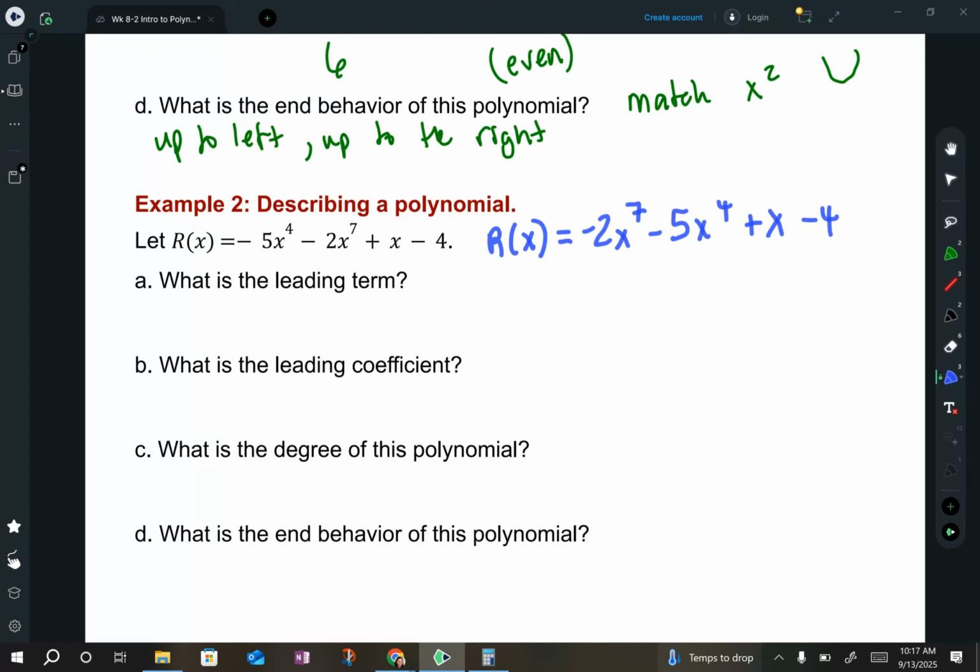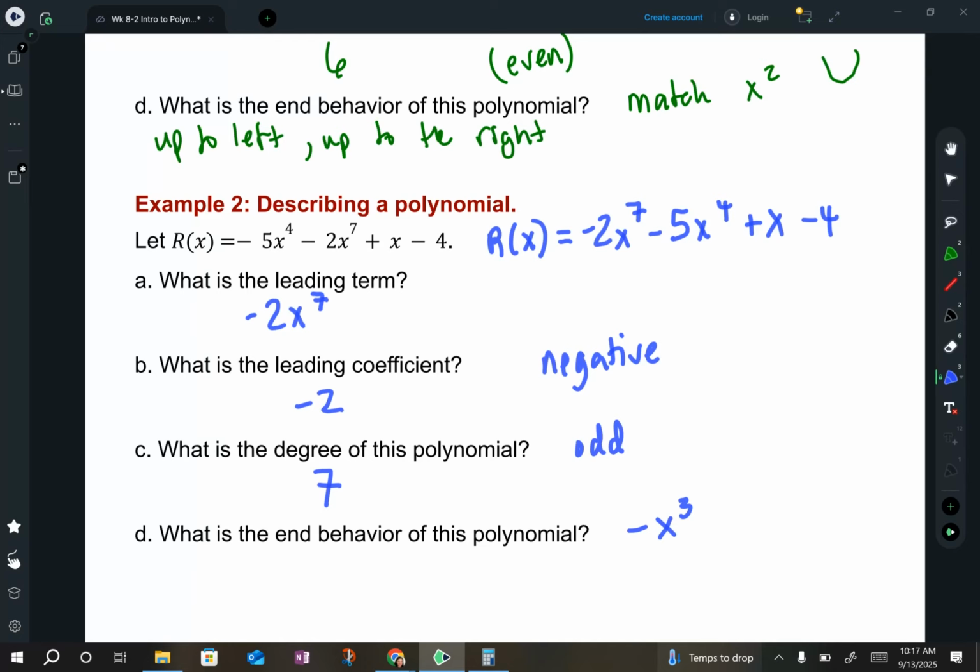So you've got to watch out and make sure your polynomial is written in order of decreasing degree. Once it is, this becomes easier. So the leading term is negative 2x to the 7th. The leading coefficient is negative 2. The degree of the polynomial is 7. And what is the end behavior of this polynomial? Well, the leading coefficient is negative, and the degree is odd, so it's going to act like minus x cubed.